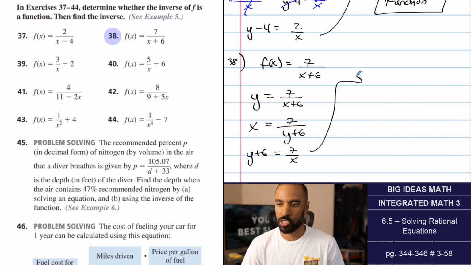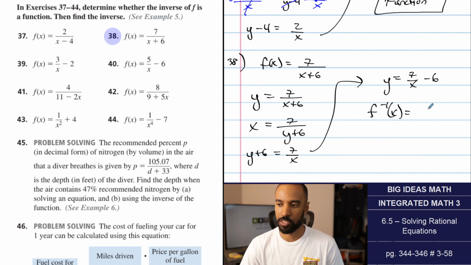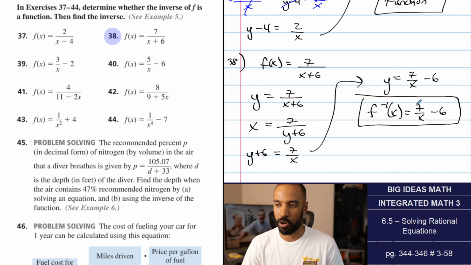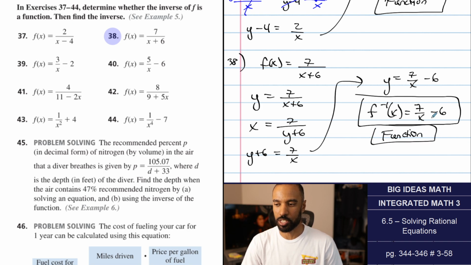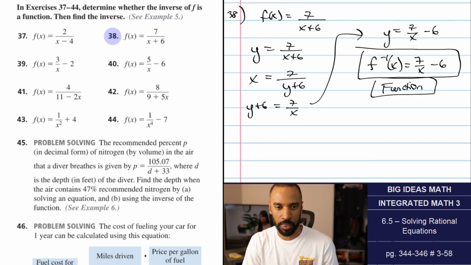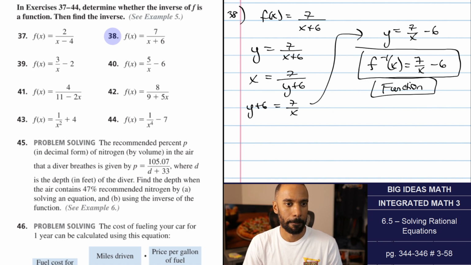In subtracting 6 to both sides, I do get y equals 7 over x minus 6, or the inverse of f is 7 over x minus 6. This, too, is a function. No issues when it comes to that whole function matter. Listen, these will be functions unless you start seeing some plus or minuses flinging around the room. And I think so far we're good.